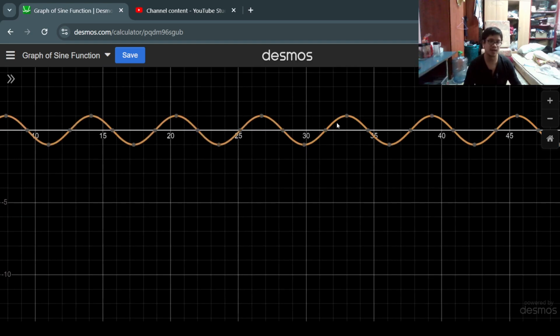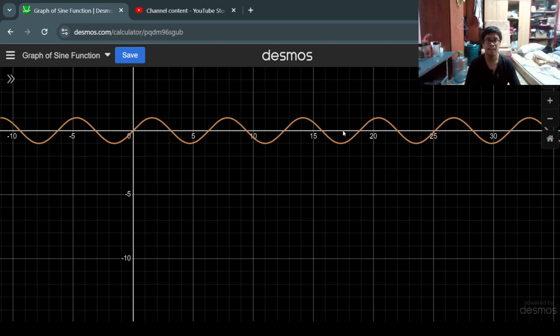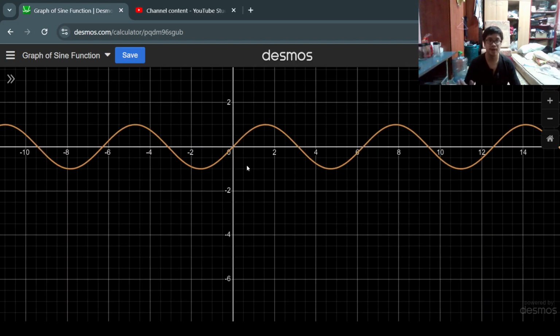So what does it imply? It implies that since the graph goes on forever, the domain also goes on forever. So from negative infinity, center, positive infinity. So negative infinity to positive infinity. In other words, the domain is the set of all real numbers. Okay? Because it goes on forever and ever.